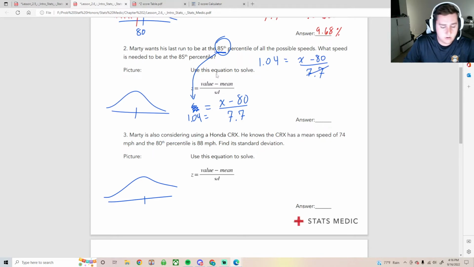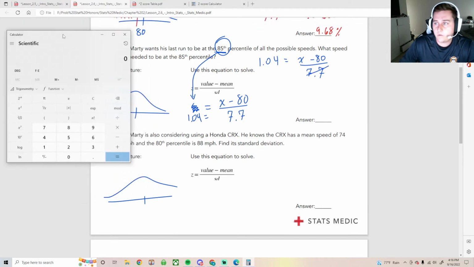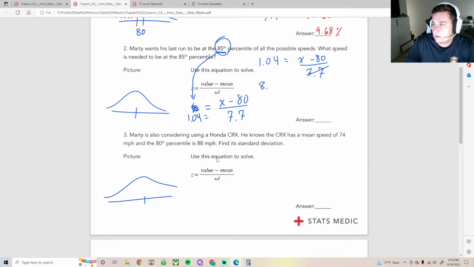I need a calculator though. I need 7.7 times 1.04. And now this is 8.008. 8.008 equals that minus 80.